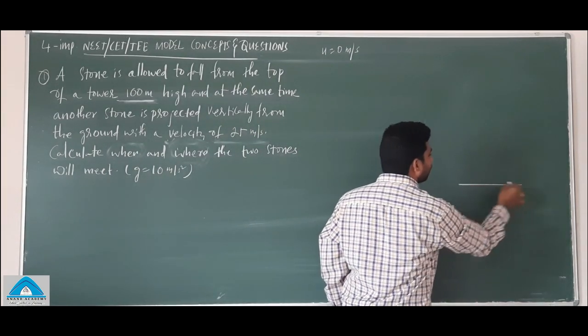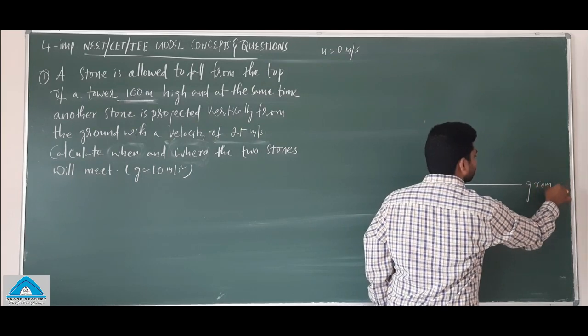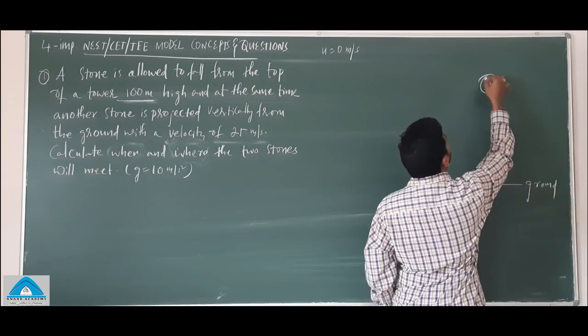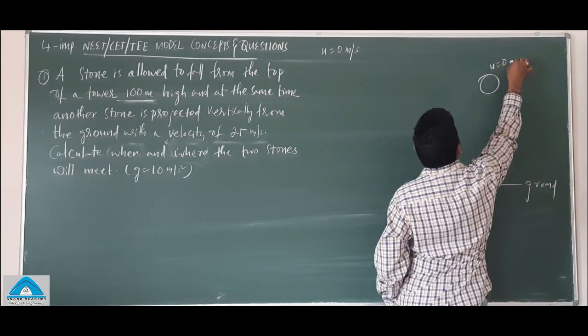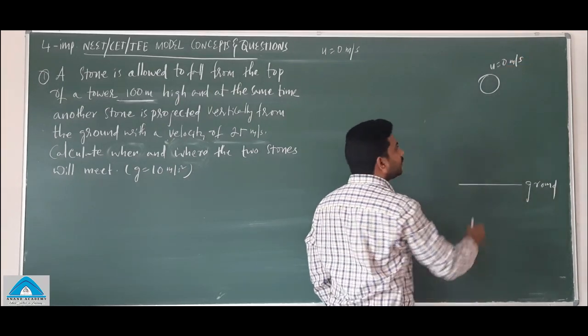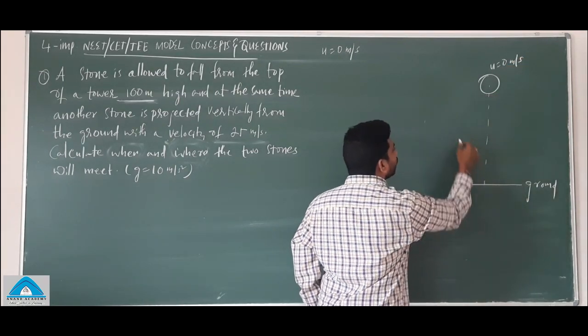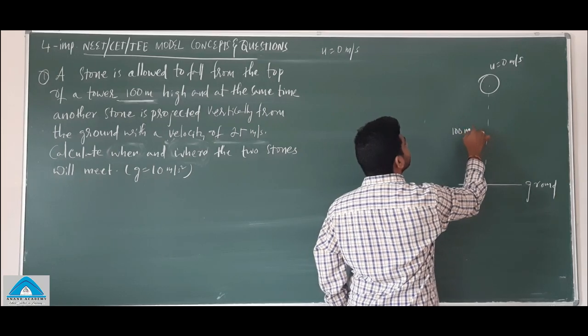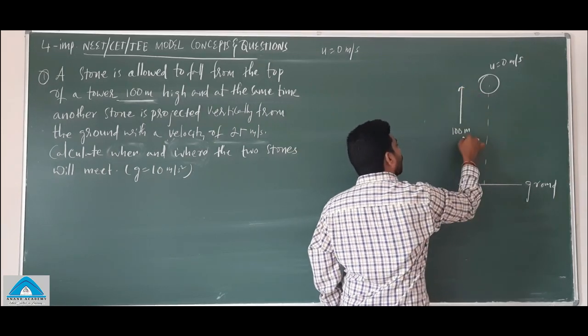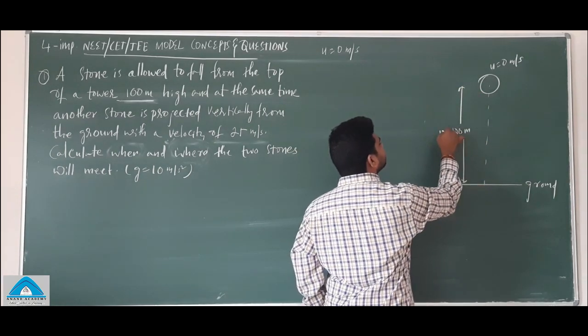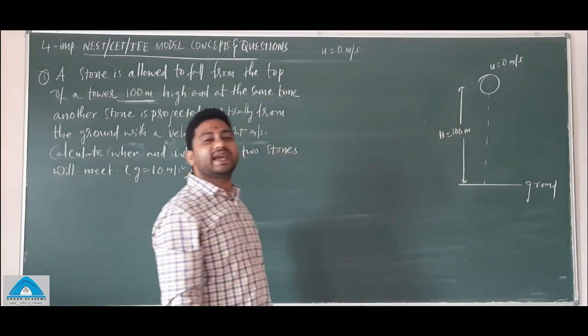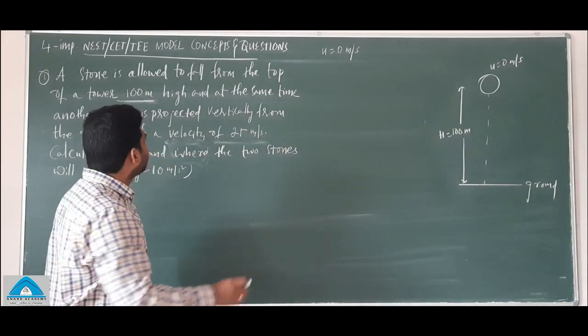This is the ground, and there is a stone which is allowed to fall, meaning initial velocity 0. Then the height of the tower is 100 meters, which I am naming as capital H.